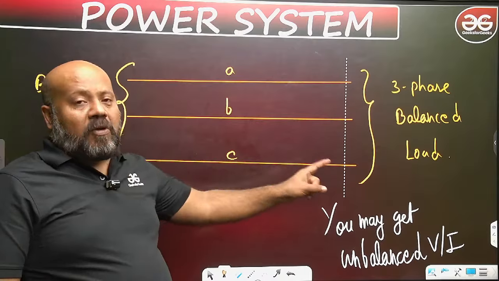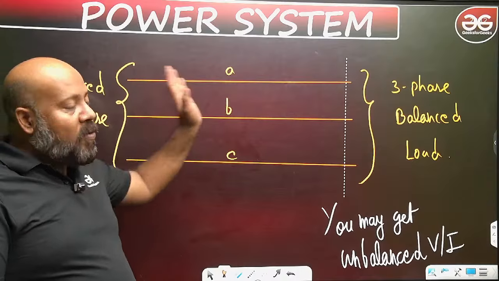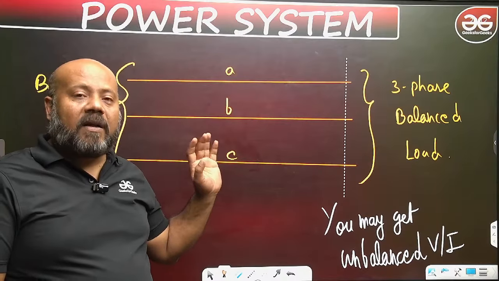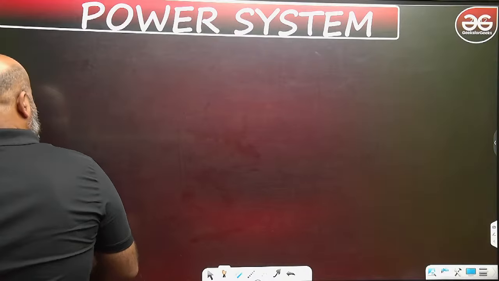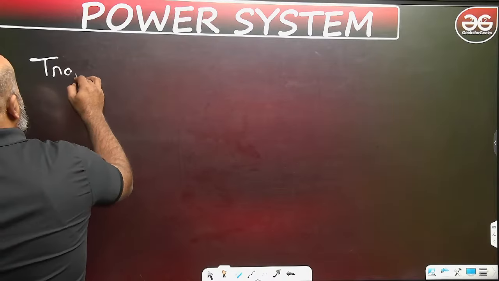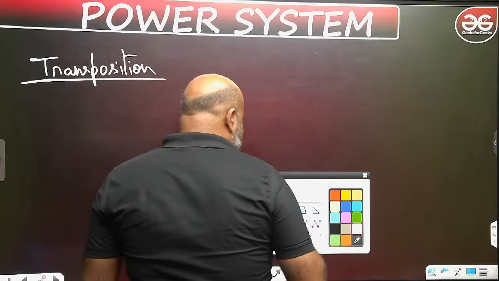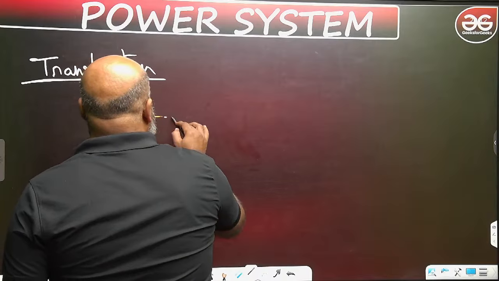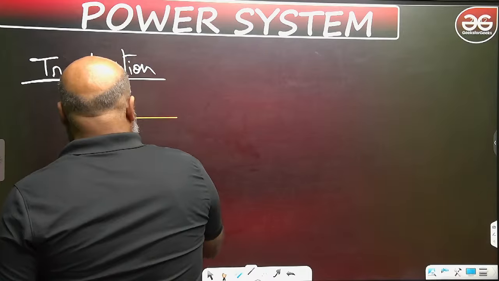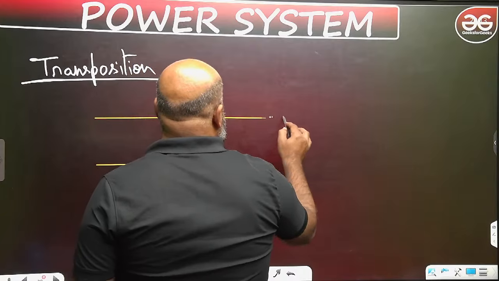So to remove this problem of unbalanced nature of the system, even if the source is balanced, the load is balanced, the lines are symmetrical, we go for transposition. As the name indicates, transposition means after every 1/3 length, we change the position of the conductors with each other.